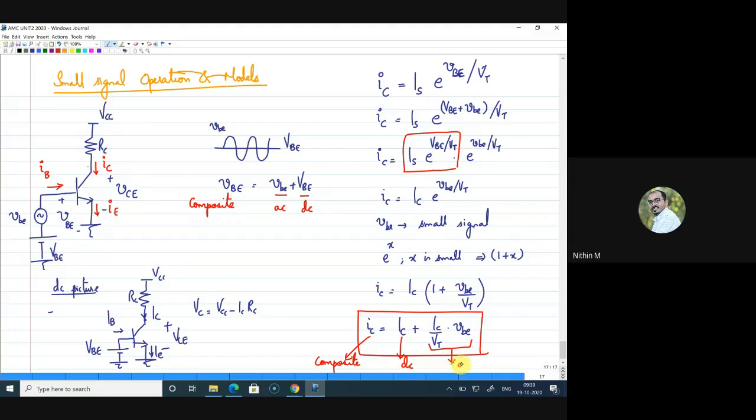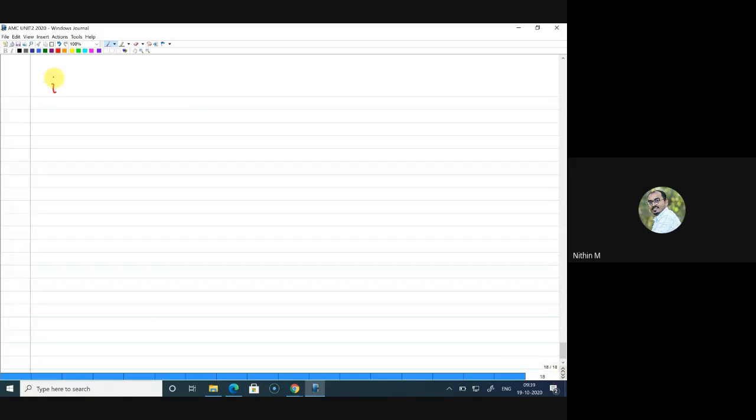This component is AC, right? So I know that iC is equal to IC plus IC by VT into small vBE. That is the expression I have written just now.